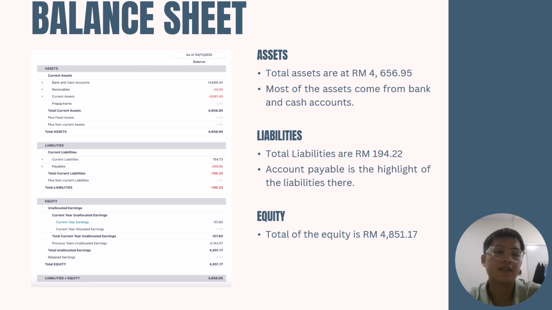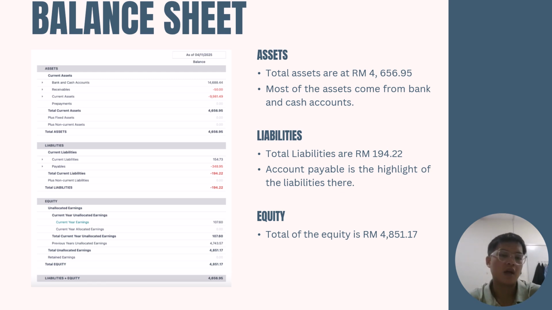On the liability side, we currently show a net negative liability position of minus 194, which suggests overpayments or credit with suppliers. This is unusual and warrants further review to ensure accuracy.